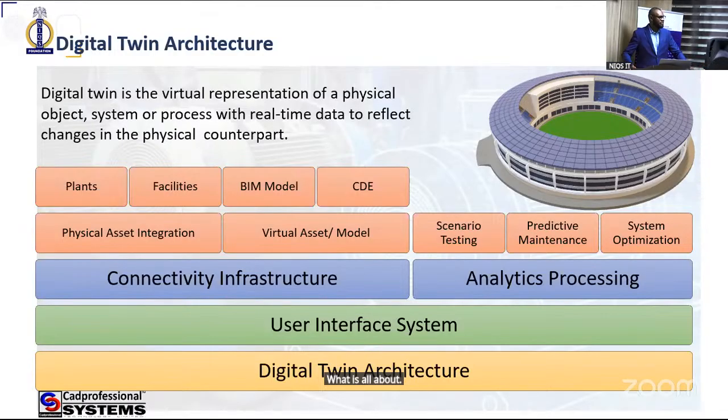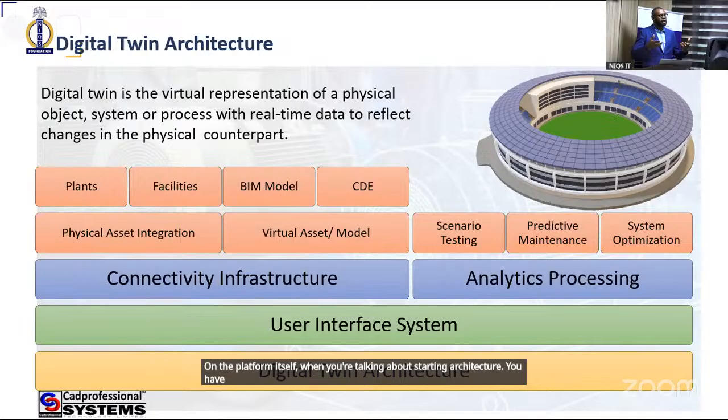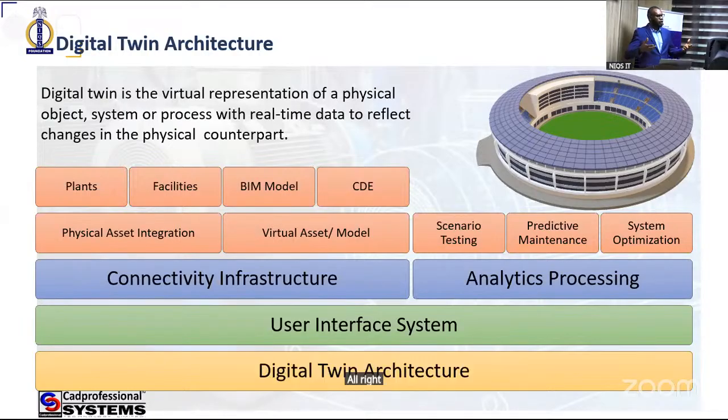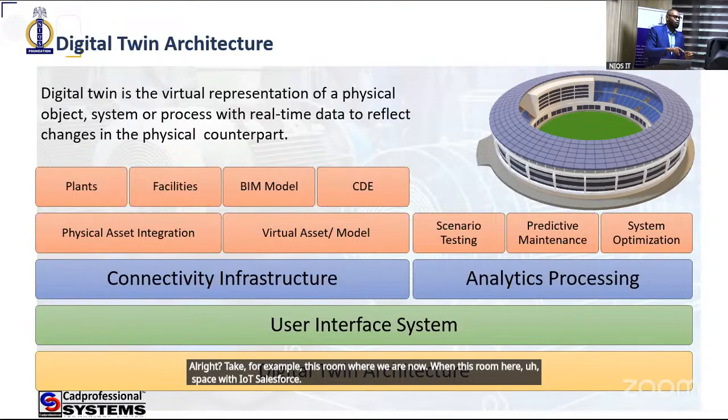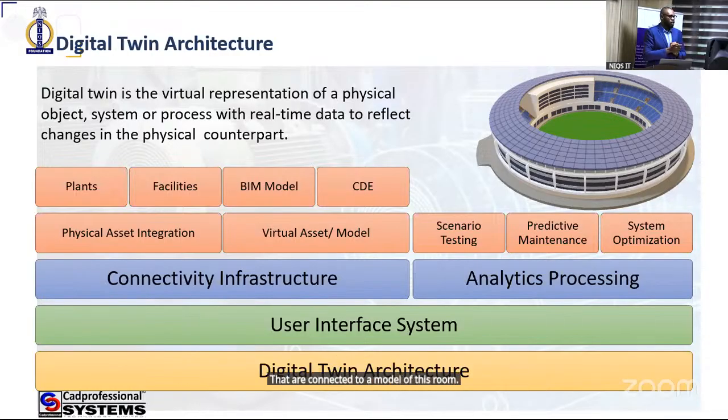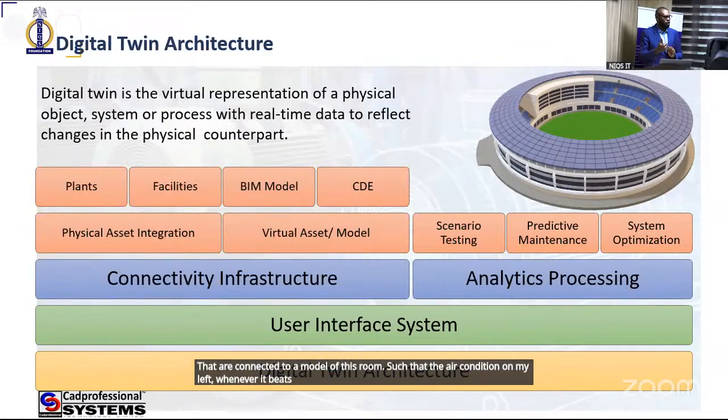How exactly is a digital twin architecture described? On the platform itself, when you're talking about digital twin architecture, you have what they call a common interface. Take, for example, this room where we are now. Say this room is fitted with IoT sensors that are connected to a model of this room, such that whenever the air conditioner on my left comes on, the IoT sensor sends a signal to the model.